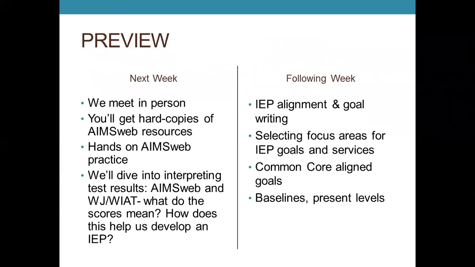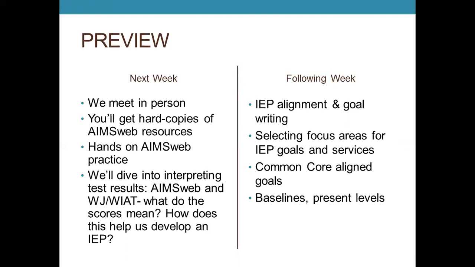And then just to preview, next week when we do meet in person, we'll be revisiting AimsWeb. I know you all have sort of a general idea of what AimsWeb is and how it works, but we'll be doing some hands-on practice, some modeling, and I'll also be providing hard copy resources for each different grade level of the different probes or subtests that you'll be using as part of your signature assignment, your case study assignment.